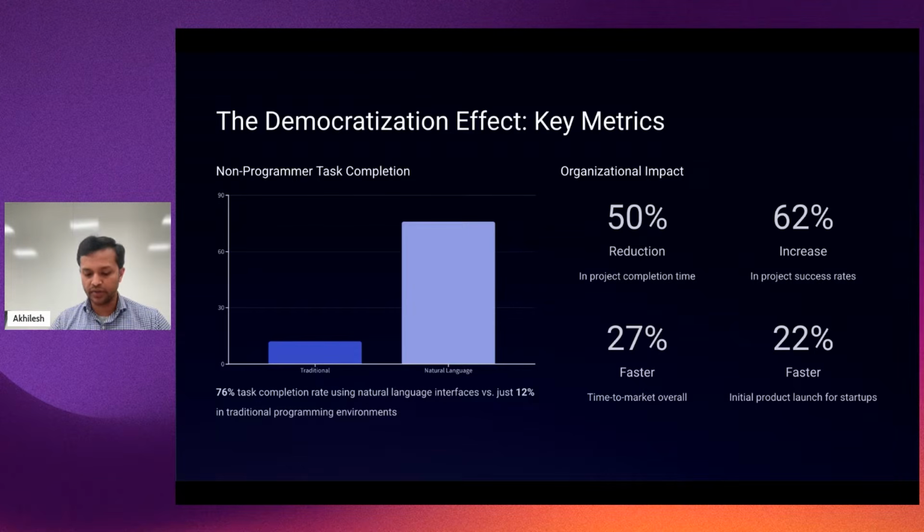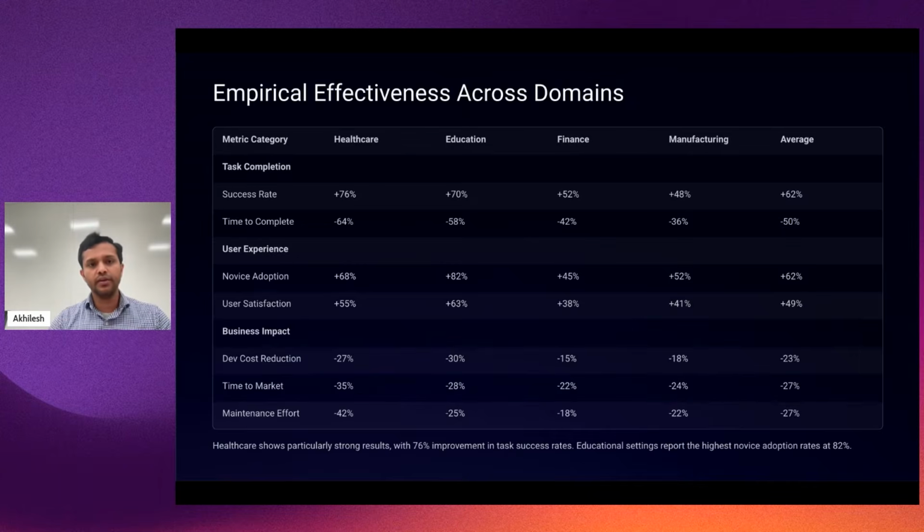Time to market has also improved by 27%. For startups it's even more dramatic, where they're able to launch their products 22% faster than before in a hyper-competitive space. Looking at these stats, think about what this means for your organization. Let's get to the next one.